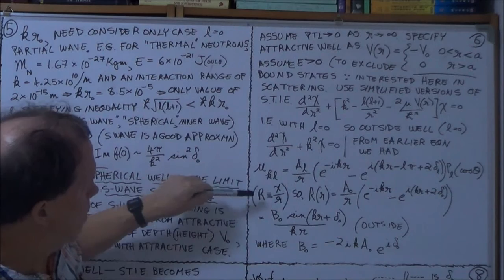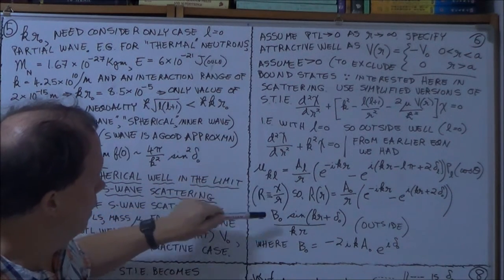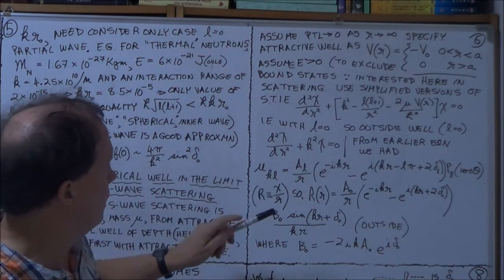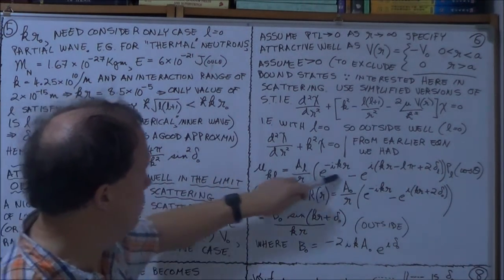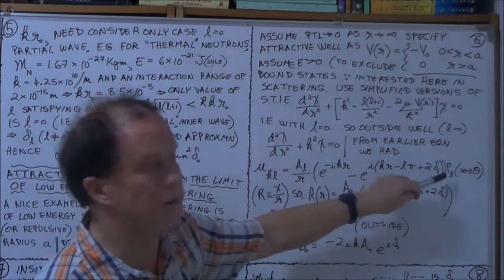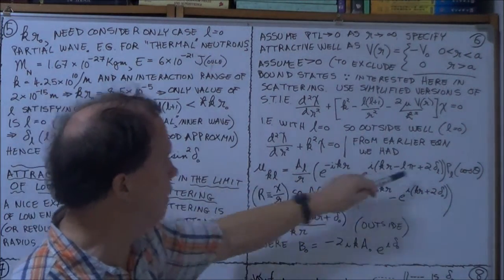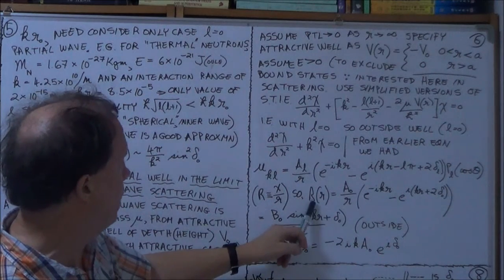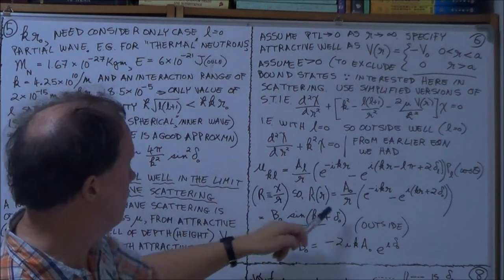Now by definition we define the chi such that big R, which is this part, the little r, the distance from the target dependent part, is of this form.